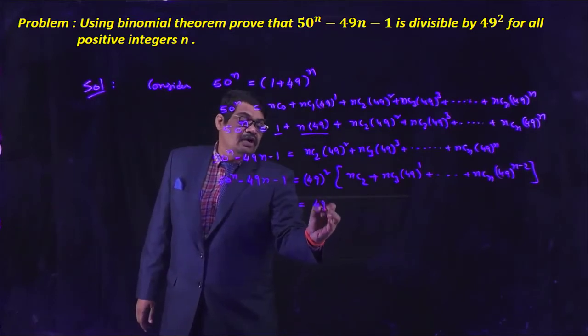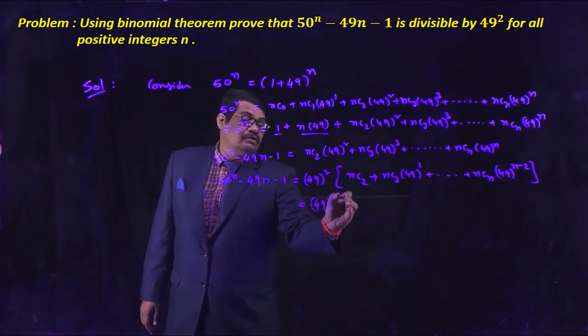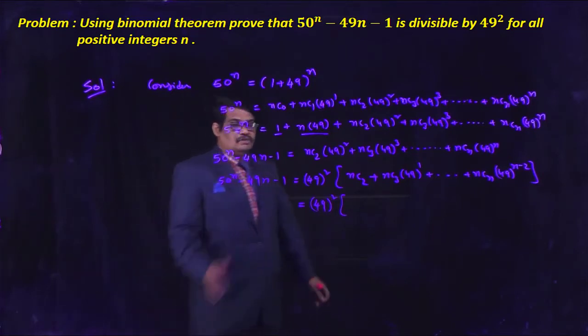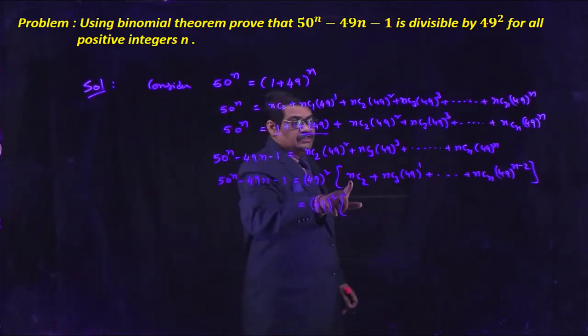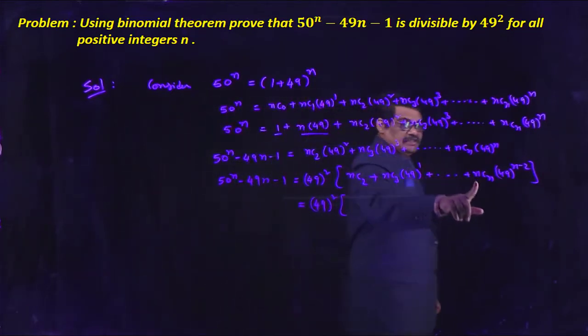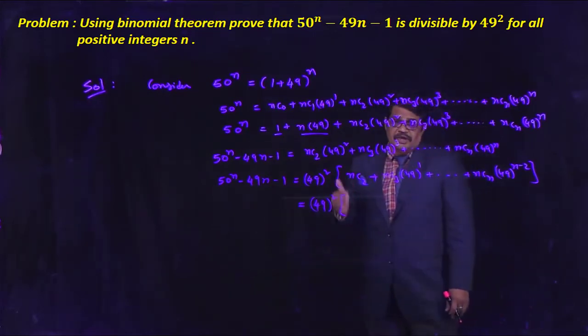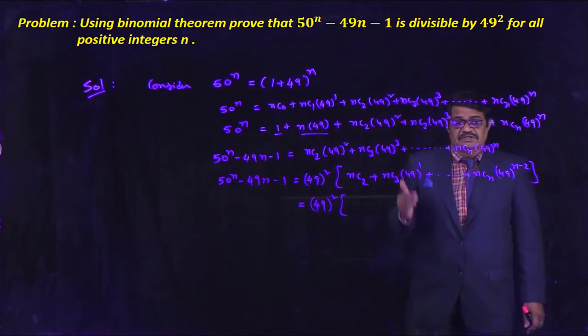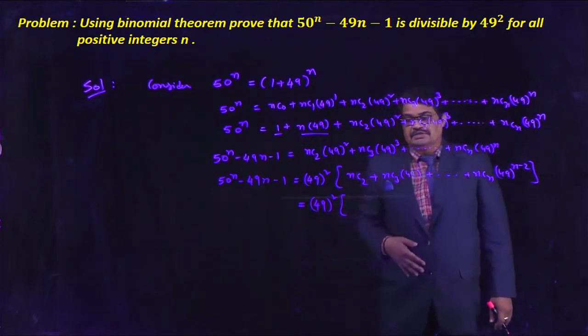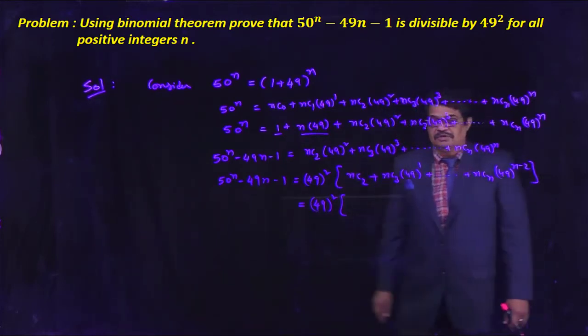Now 50 to the power of n minus 49n minus 1 is equal to 49 square into this series. Observe the series nC2, nC3 and so on up to nCn. These are all binomial coefficients, always positive integers.